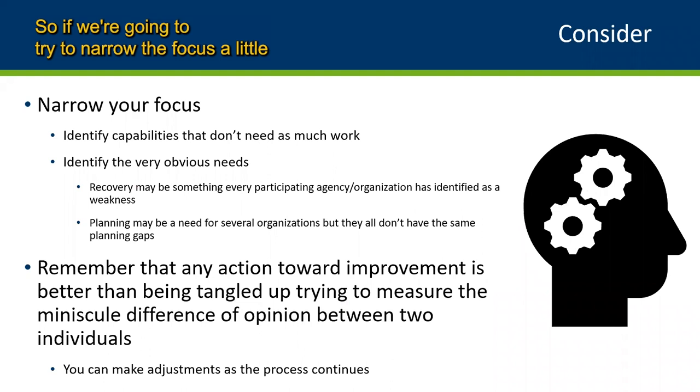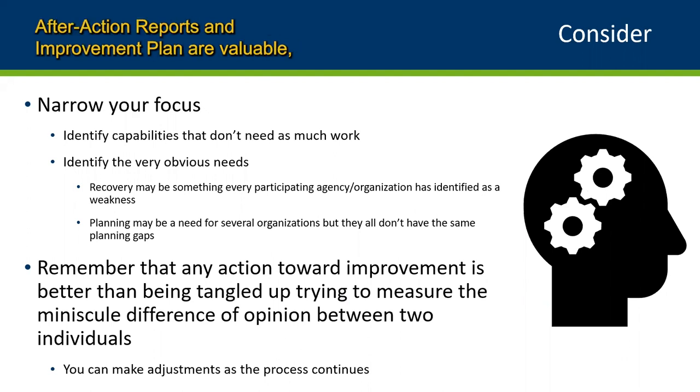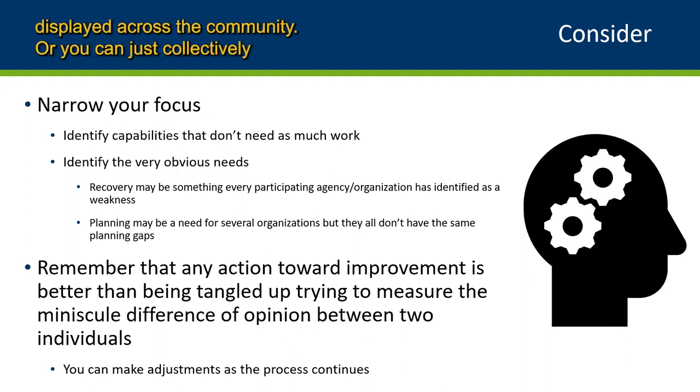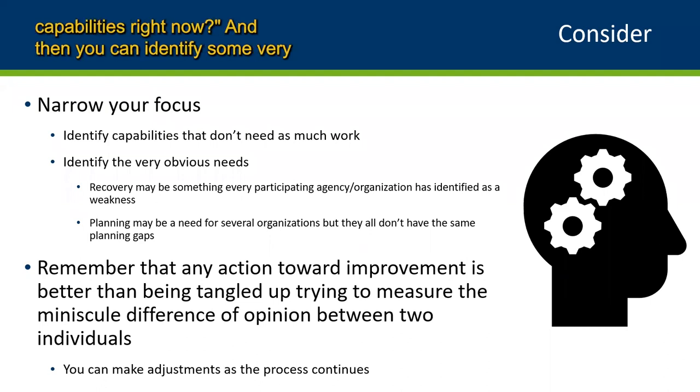So if we're going to try to narrow the focus a little bit, one thing you can do is immediately eliminate some of the capabilities that don't need as much work. This is where your after-action reports and improvement plans are valuable because you can see some of your strengths that have been displayed across the community, or you can just collectively have people identify and say, what are your least focused capabilities right now?